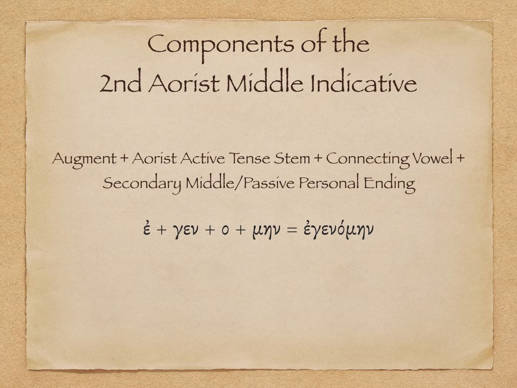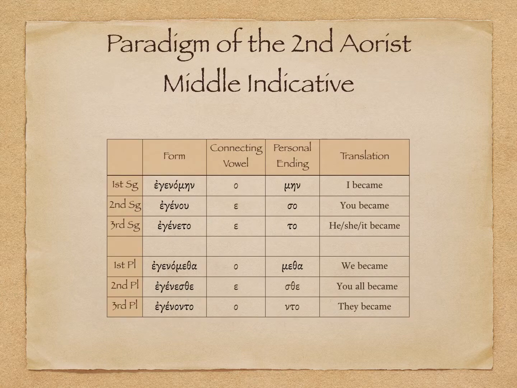Components of the second aorist middle indicative: you've got the augment again, the active tense stem, connecting vowel, and then middle or passive personal endings. Here we have omen, sao, which contracts to u, the sigma drops out, the epsilon and omicron contract to u. Then to, metha, sthe, and to.